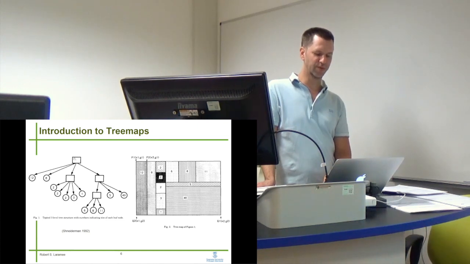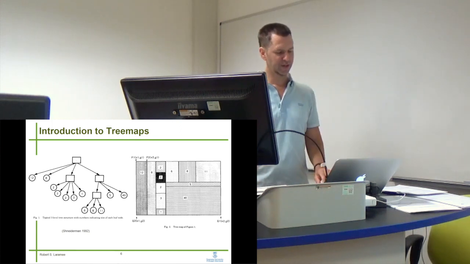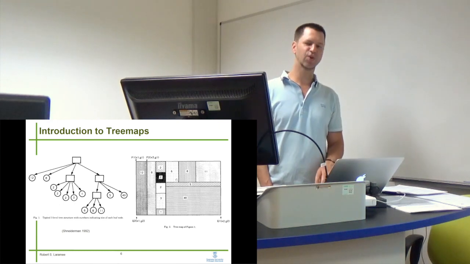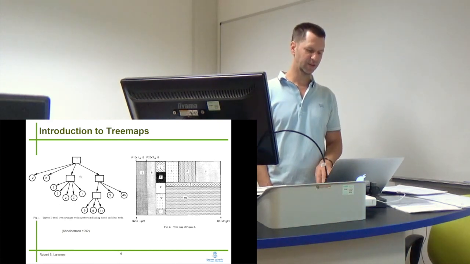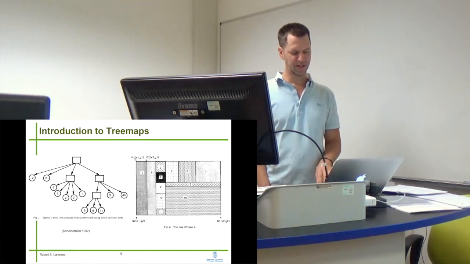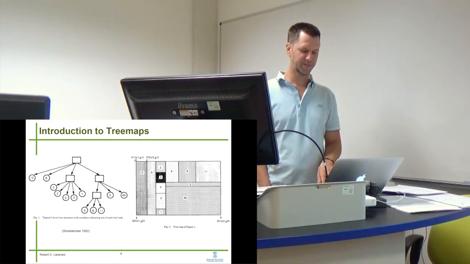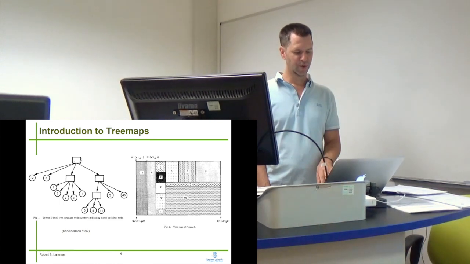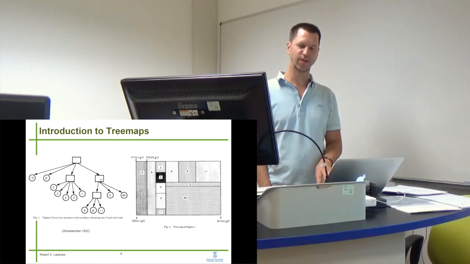So we have the root node of the tree, and then we have that root node in the tree map. This is the tree map equivalent of this traditional tree structure. So the root node gets mapped to the large rectangle, and that root node is subdivided into 1, 2, 3, 4 different rectangles on the tree map.